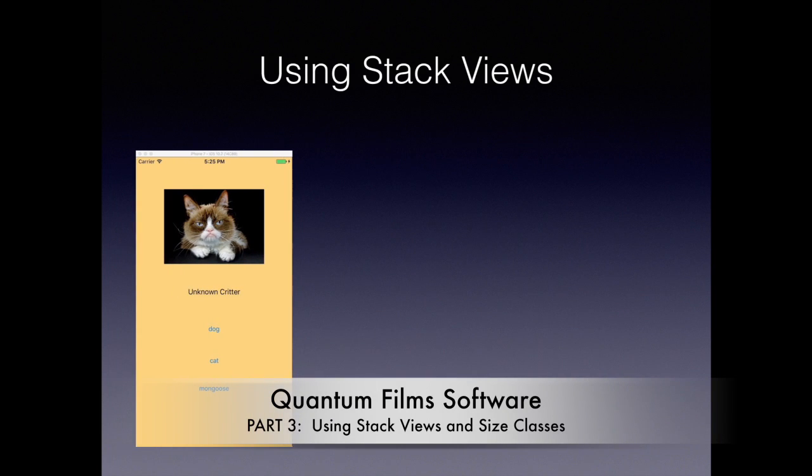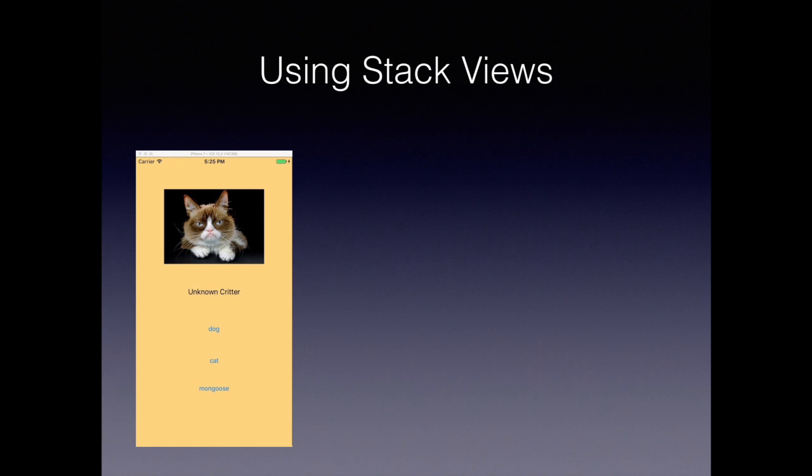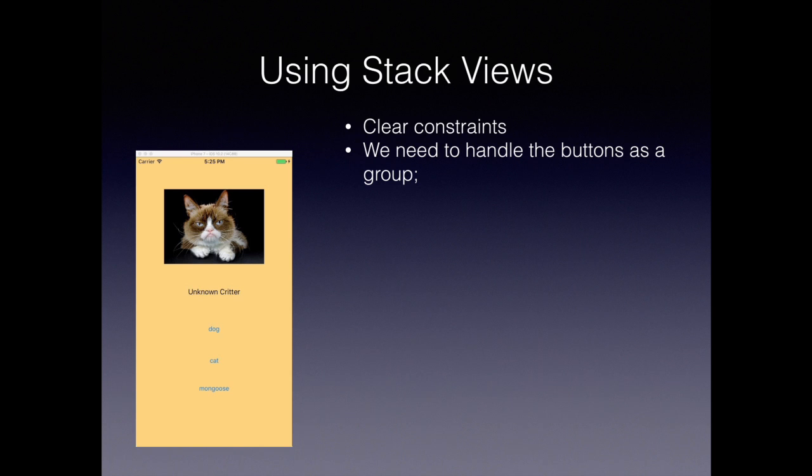We're going to be using stack views in order to simplify handling of the layout in both portrait and landscape views. So to do that, first thing we'll need to do is clear the existing constraints that we created automatically for the portrait view. We want to handle the buttons as a group, and to do that, we're going to put them into a stack.